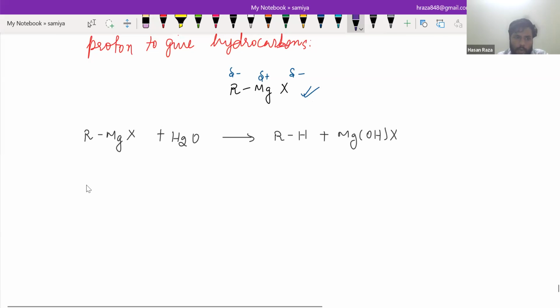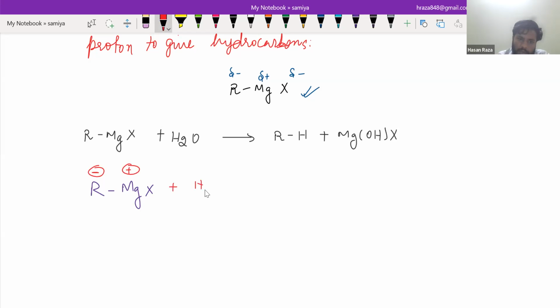It's very important to know. As we know, this will have negative charge, this will have positive charge. Now, can I write this H2O as H plus and OH minus? Just suppose this is moisture which contains proton, that means H plus.